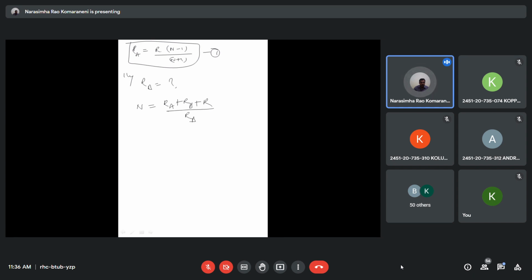Now if you substitute this RA value here, and by substituting equation 1 in this equation 2, we get nRB equal to R(n minus 1) divided by (n plus 1) plus RB plus R. If we simplify this equation, you will get RB equal to R into 2n divided by n square minus 1.